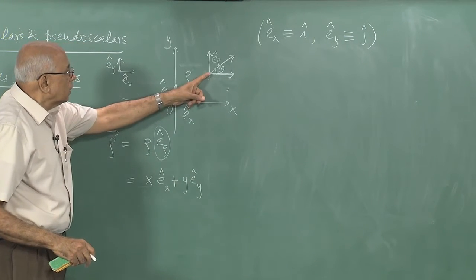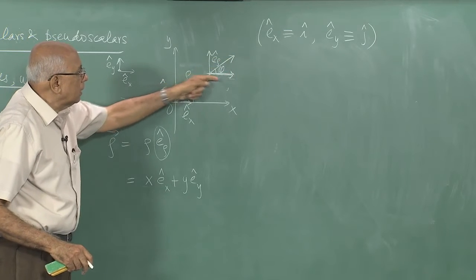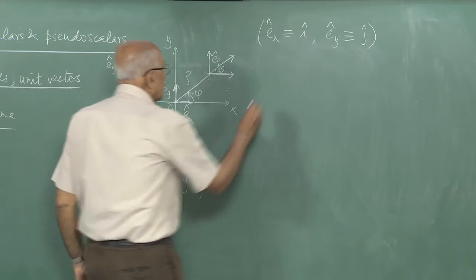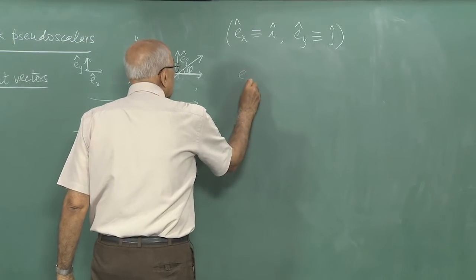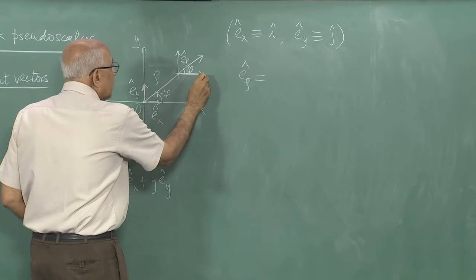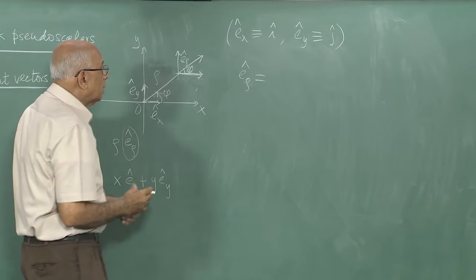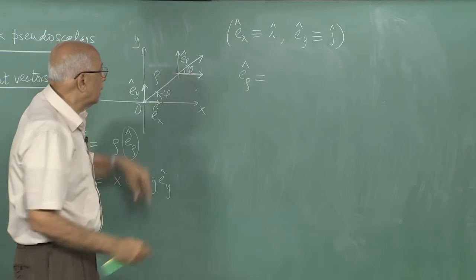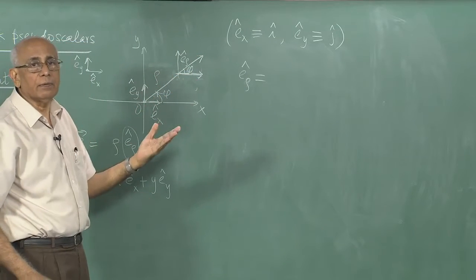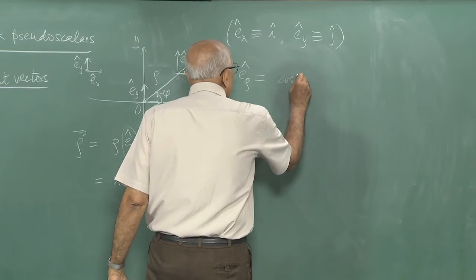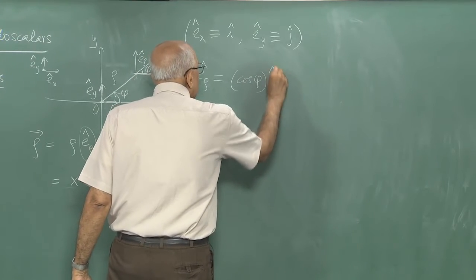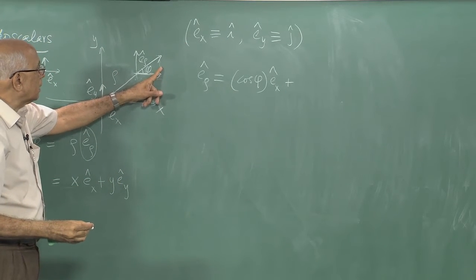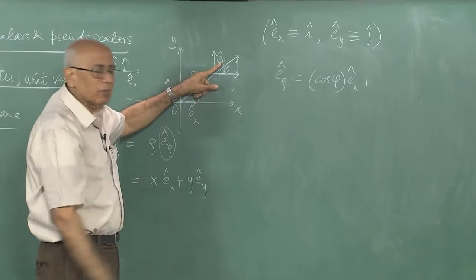Okay. So you have E rho pointing radially outwards, and this is Ex and that is Ey, and the question is, how do I write E rho in terms of Ex and Ey? And it is obvious from this figure that E rho is composed of a vector along this direction and a vector along that direction. The magnitude of E sub rho is unity, and this angle is phi. Therefore, the x component is just cos phi, so this is cos phi times Ex plus, and the vertical component is sin phi, because this distance divided by 1 is equal to sin phi.